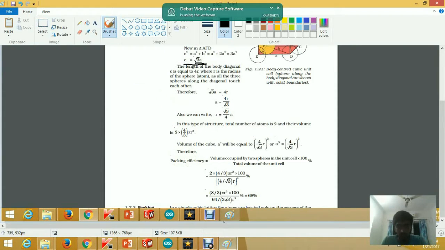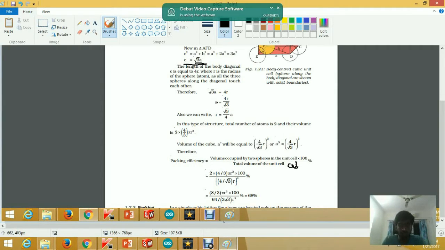So now the calculation is going to be pretty simple from here. So 2 into 4 by 3 pi r cubed, where 4 by 3 pi r cubed is the volume of a sphere. So 2 times the volume is 2 into this, divided by a cubed.